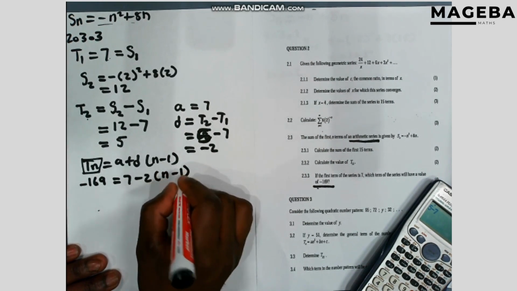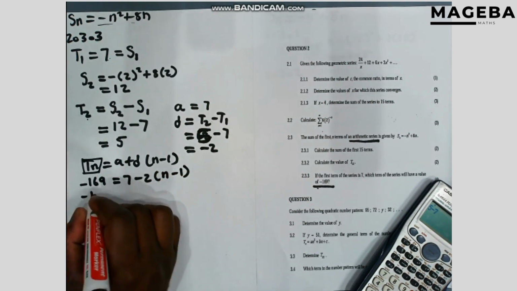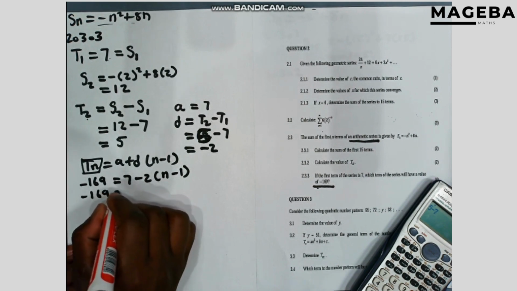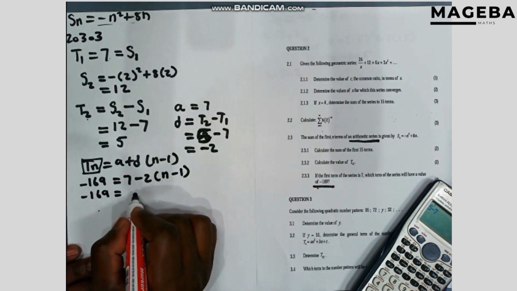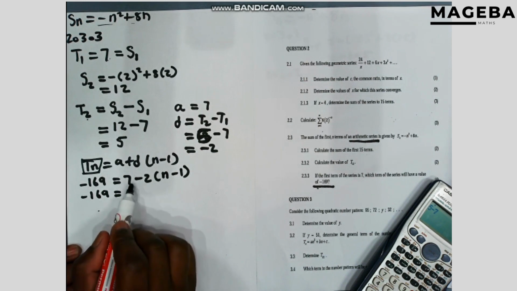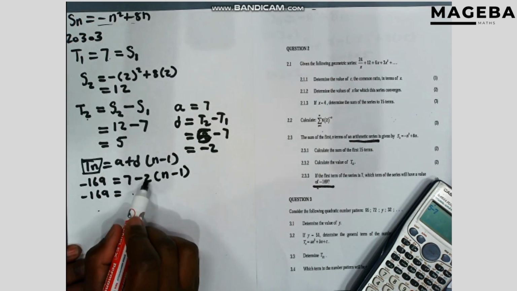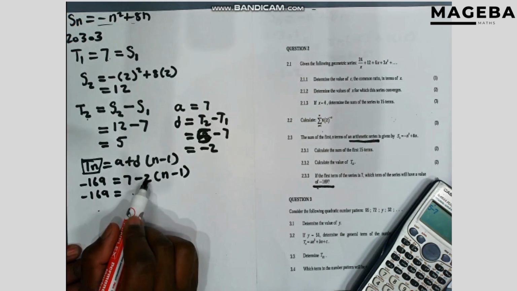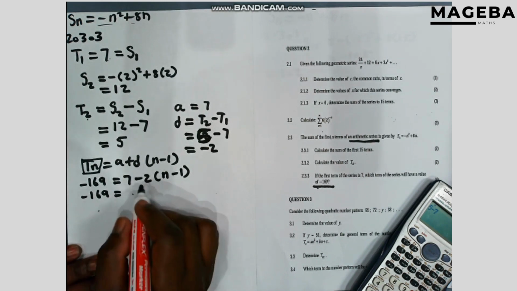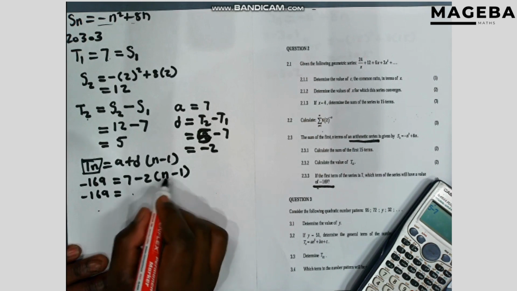Remember guys, we are not going to say 7 minus 2 here. Please don't make that mistake. We first need to multiply the negative 2 with this bracket.